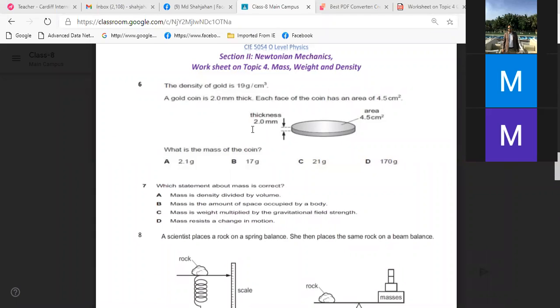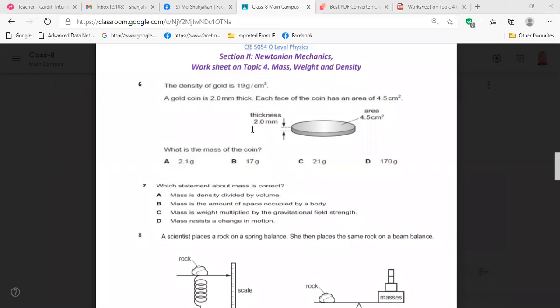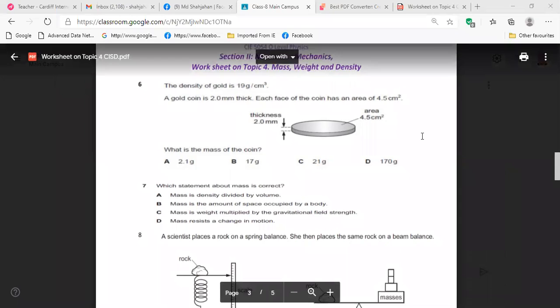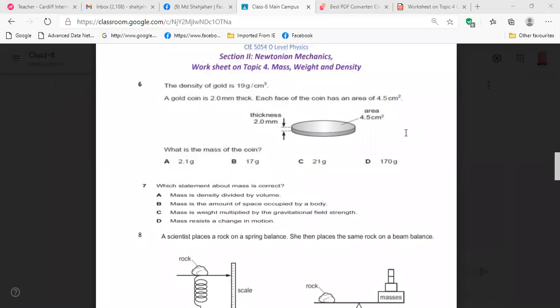Here we got area and we got thickness, right? So we can get the volume by multiplying area and thickness, because it's a cylindrical object, part of cylinder.